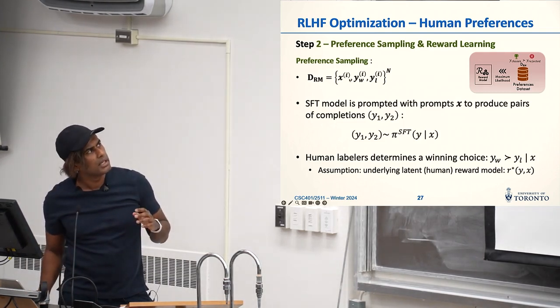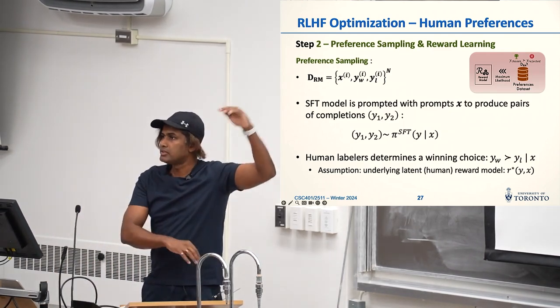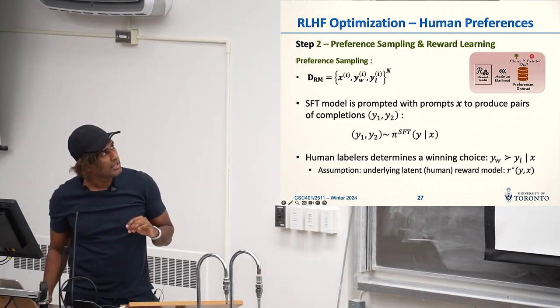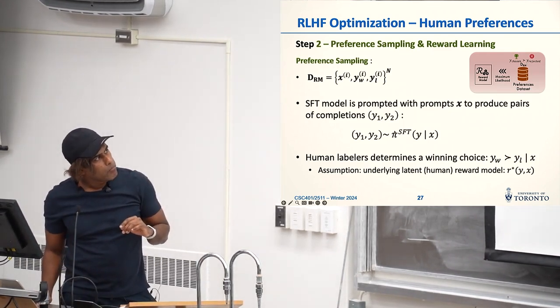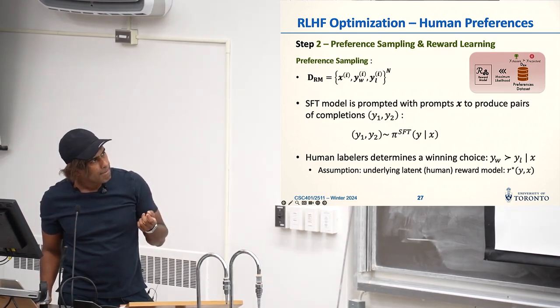And then we have a human labeler labeling which one is better. So consider that we've compiled a data set of these preferences, okay? That's our DRM. These are the pairs, and we denote a winner given a prompt X.